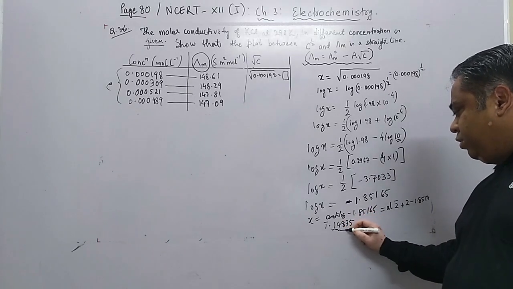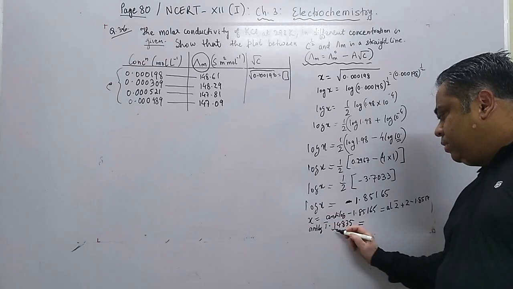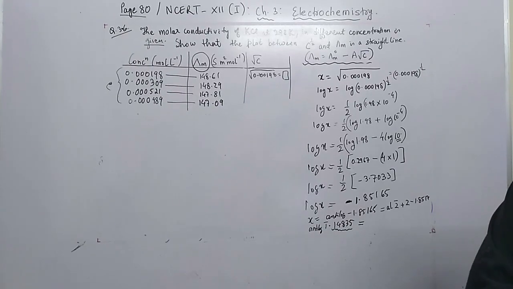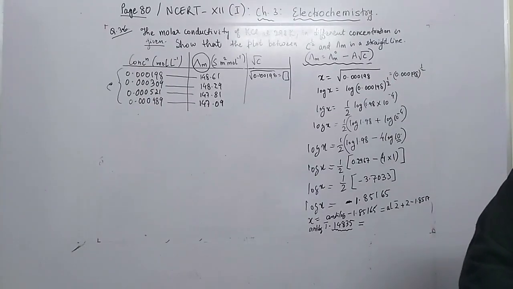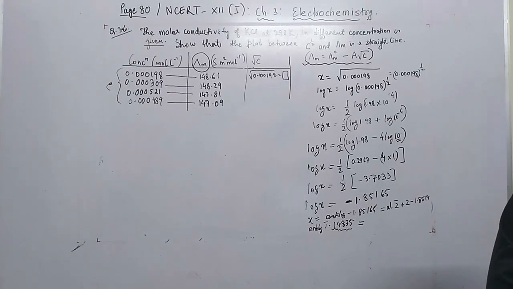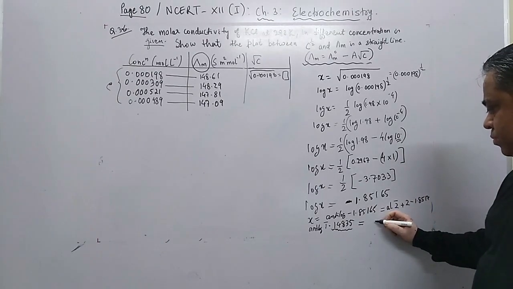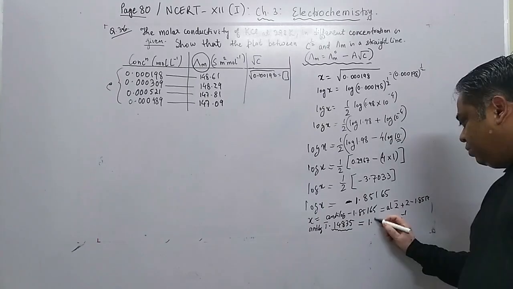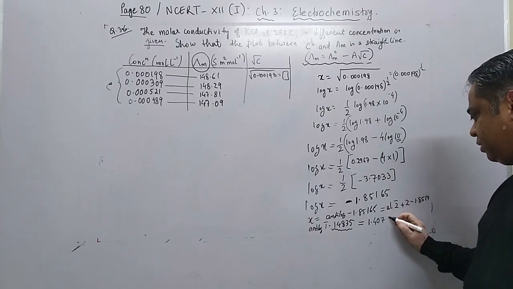Now we will see the value of the anti-log of this much, 0.1483. So again we turn the page, and in the anti-log table we will see the value of 0.1484. So 0.14 under 8, this will become 10 to the power minus 1 anyways, and this value is 407.